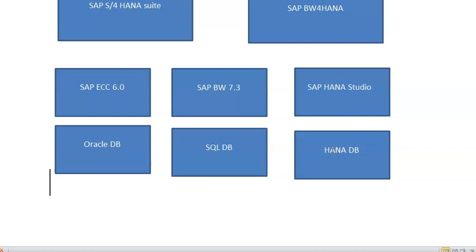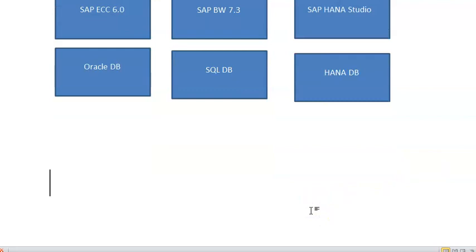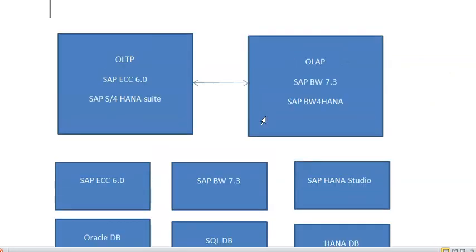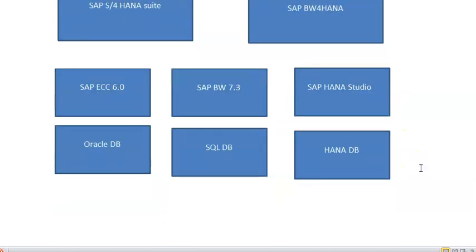It was quite an impressive demonstration, and clients slowly started inclining toward the HANA database. Then SAP slowly moved the HANA database to BW also. That's called BW for HANA. Even before BW for HANA, they had something called BW on HANA, which we'll discuss later.